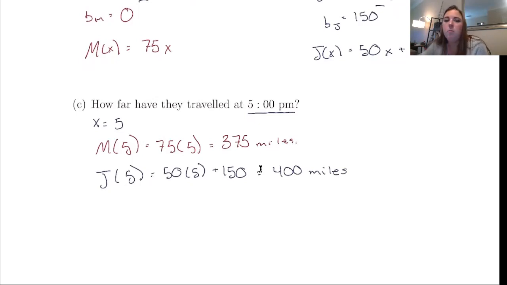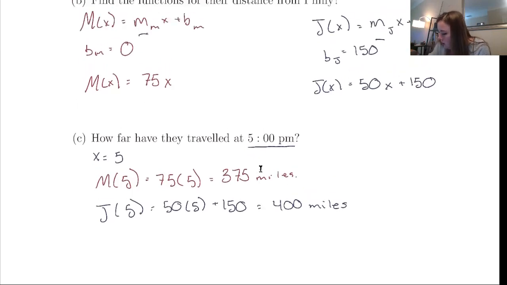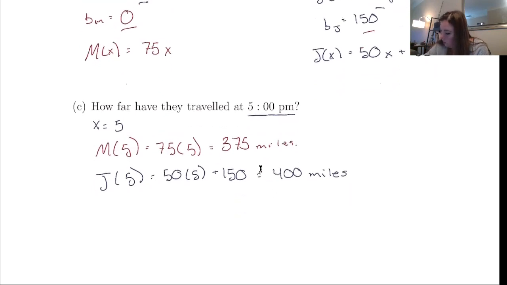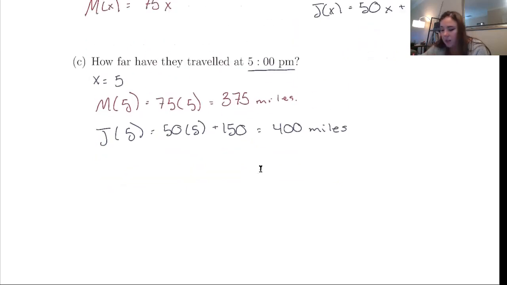So do you see that Mary's kind of catching up on him? They started at noon. Mary was at 0 and John was 150 miles away. But after 5 hours, she's only 25 miles away from him. So would Mary eventually catch up to John and pass him?